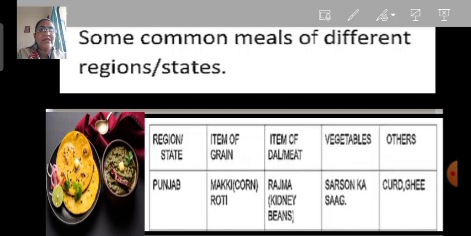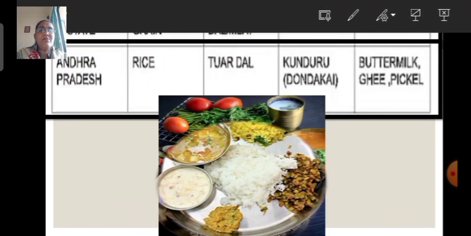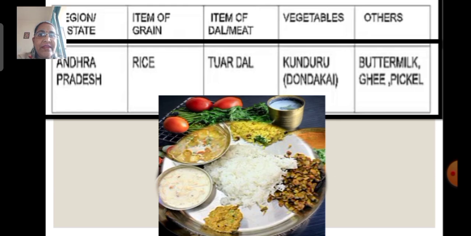Next we will see the common meal of the region, or we can say that state, Andhra Pradesh. Here the item of grain is rice, item made of dal is tur dal, and vegetable includes kundru. And the other food items served with this are buttermilk, ghee and pickle.